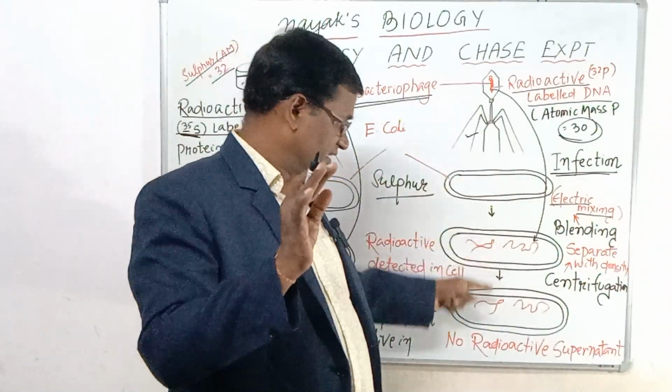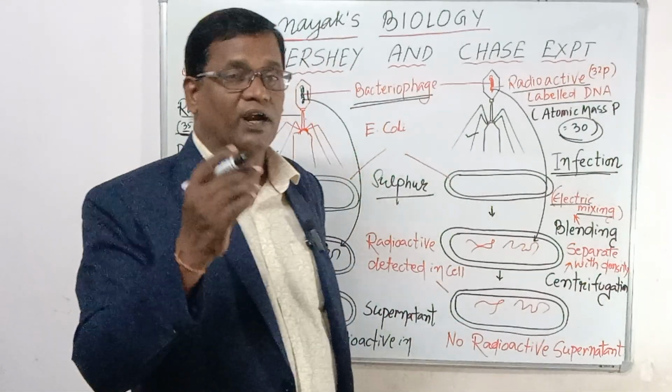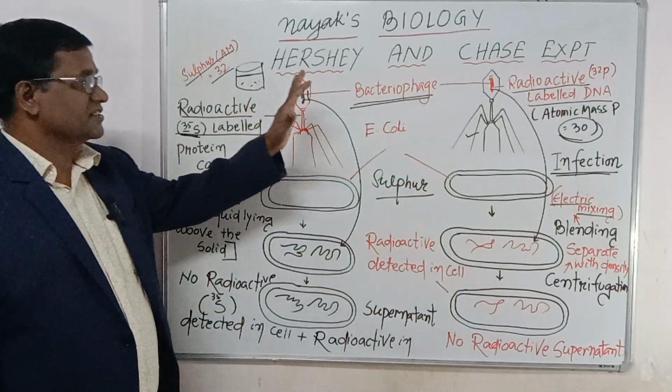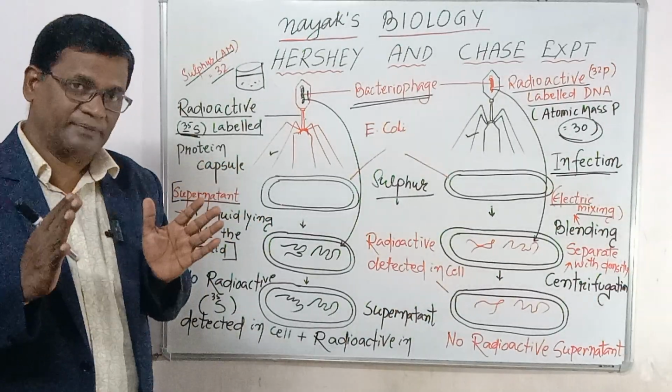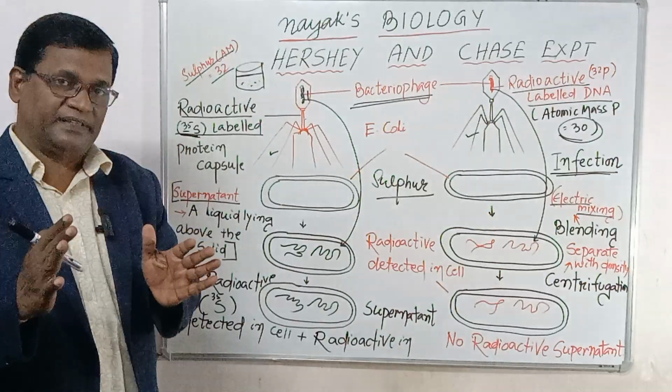That's why the cell that comes after the centrifugation becomes radioactive. What do we understand by this? Hershey and Chase wanted to prove what the genetic material is: protein or DNA. They wanted to test that by experiment.